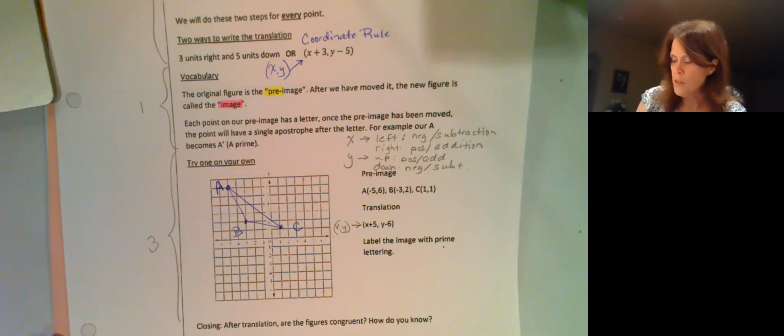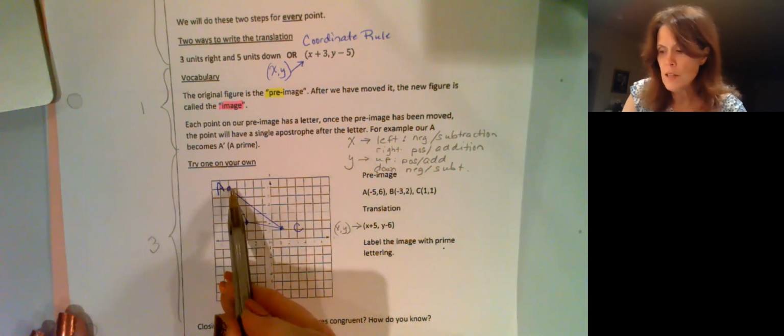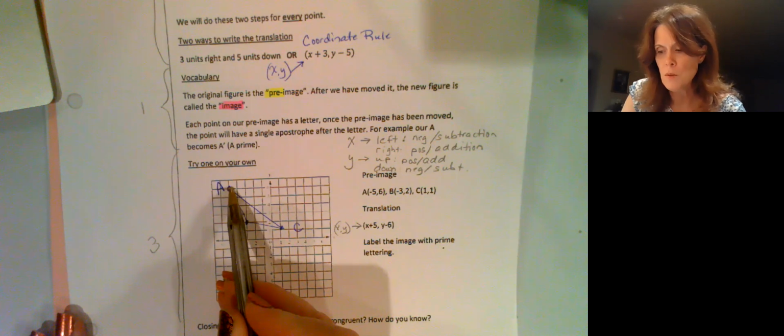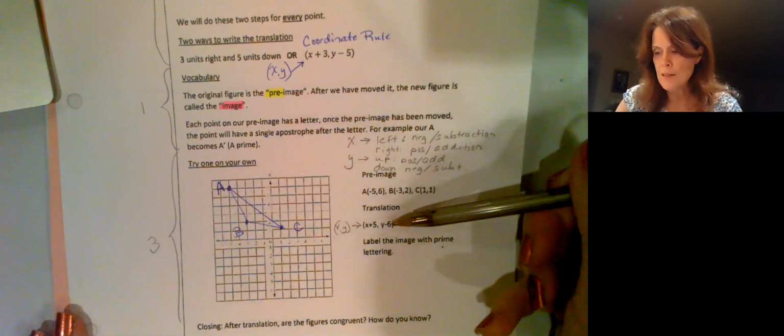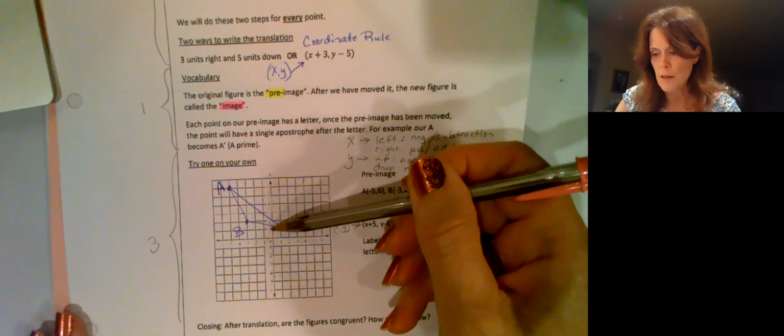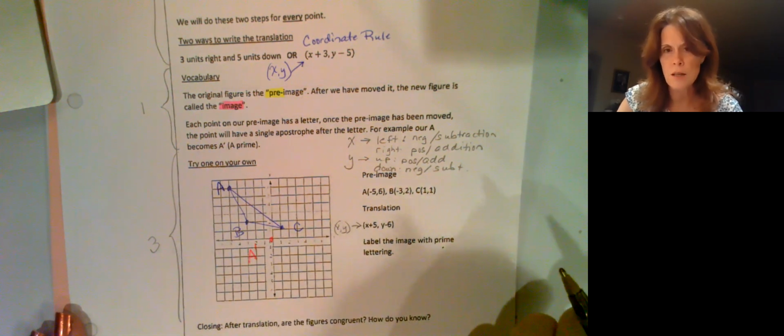So for each of these points, the easiest thing if we're just graphing is to count that distance. To count 5 in the positive direction for x would be to the right, 1, 2, 3, 4, 5. And 6 for y is going to take me down 1, 2, 3, 4, 5, 6. Remember, I want to label this with my prime mark.